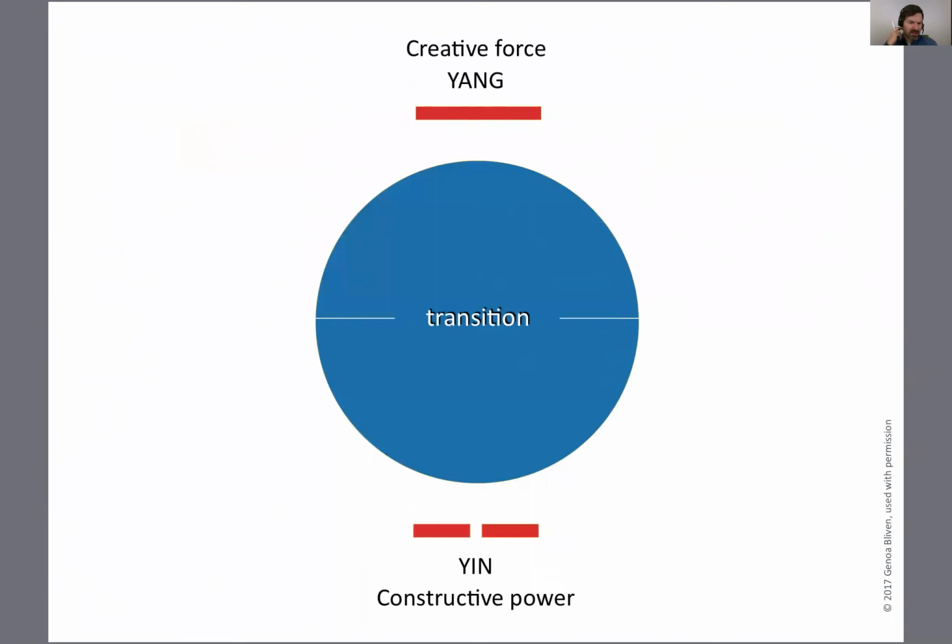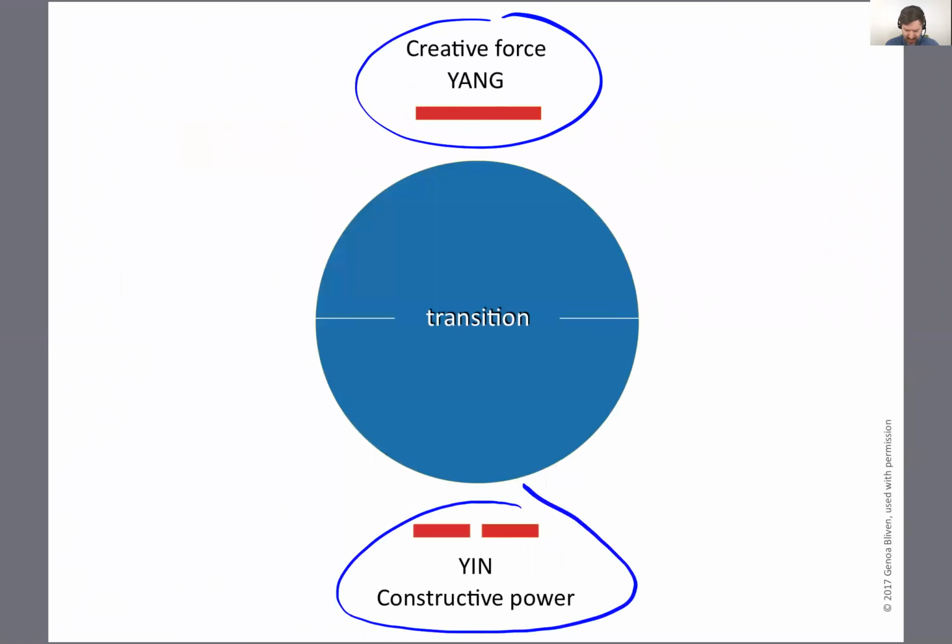So in this slide, you can see that there is this yang force, the creative force on top, and that there is this yin force, this constructive power which can take into itself something.